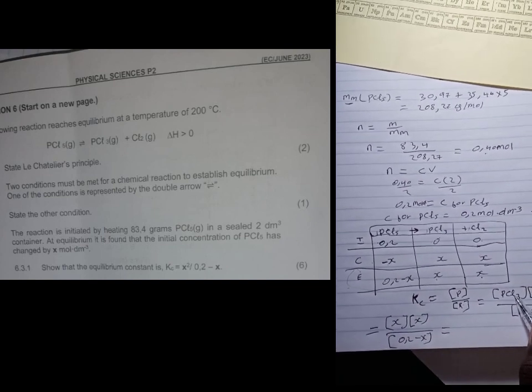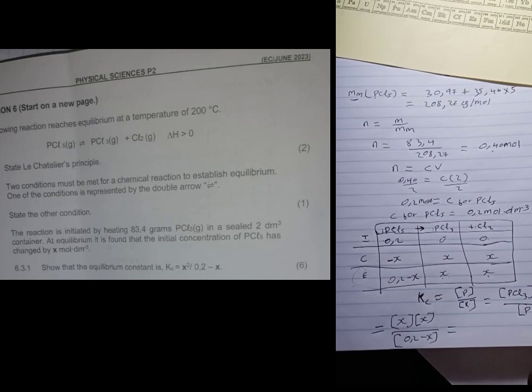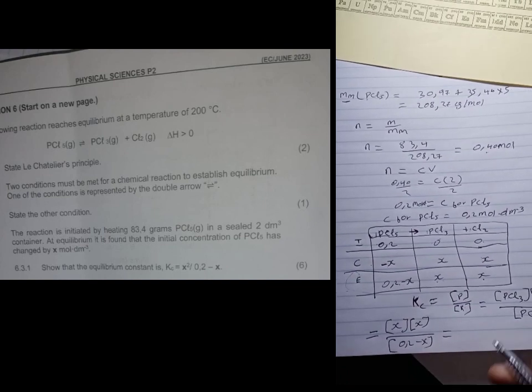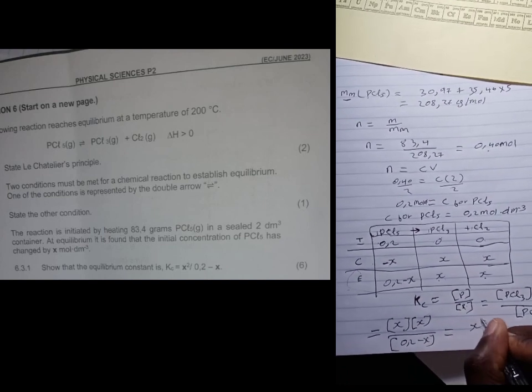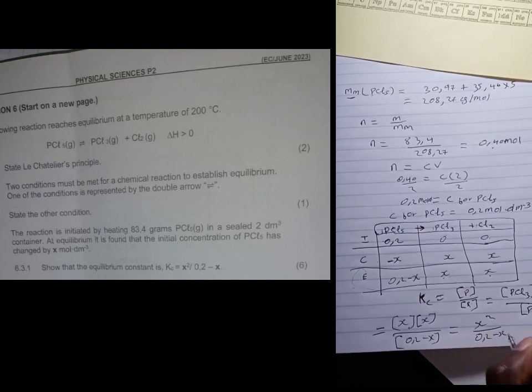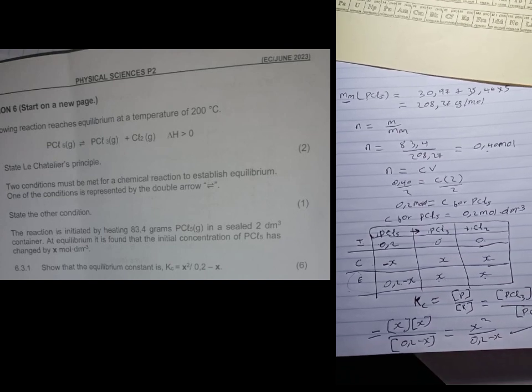I substituted this here, this here. If we multiply, we get x squared over 0.2 minus x. This is the final answer, guys.